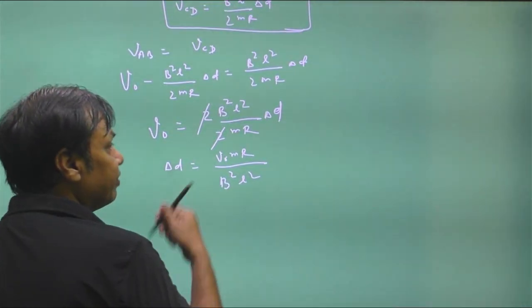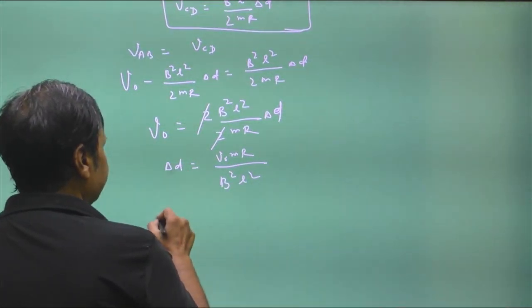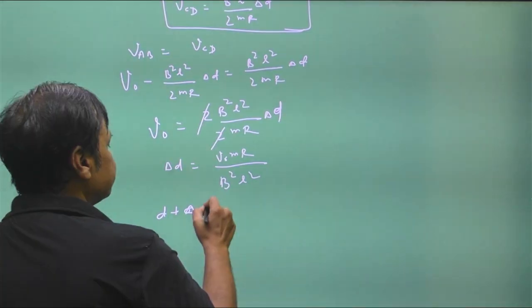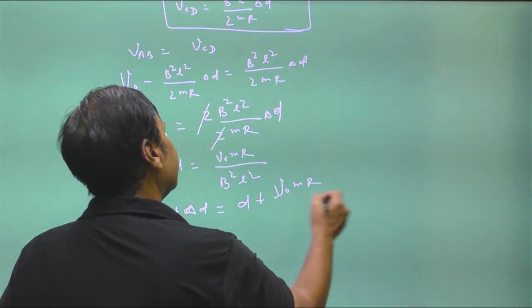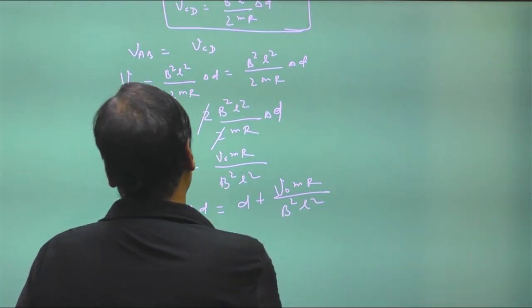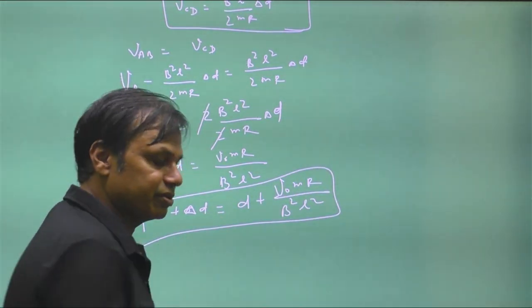So the final distance between both rods will be d plus delta d, that is d plus V naught mR by B square L square. This is one of our answers.